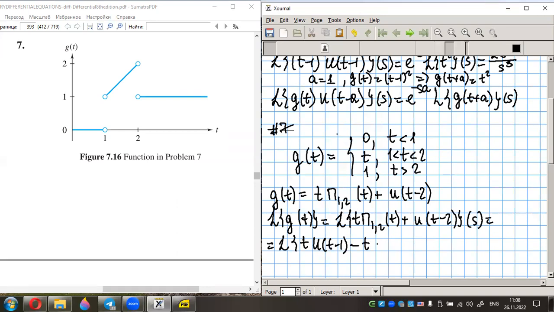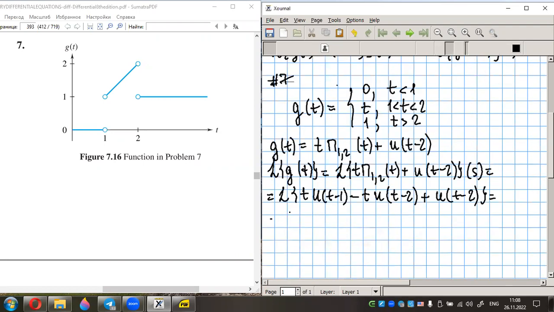Here we use the formula again, another formula, and it equals e to the minus s times the Laplace of t plus 1 at s, minus e to the minus 2s times the Laplace of t plus 1 at s, and plus e to the minus 2s times the Laplace of 1.